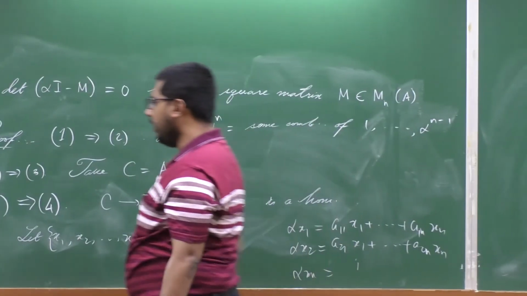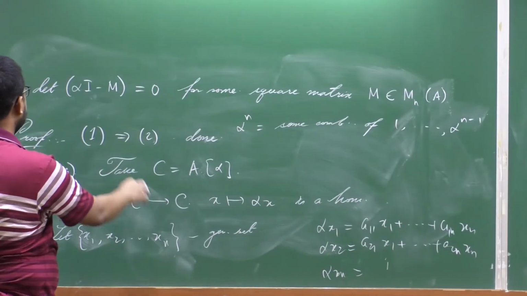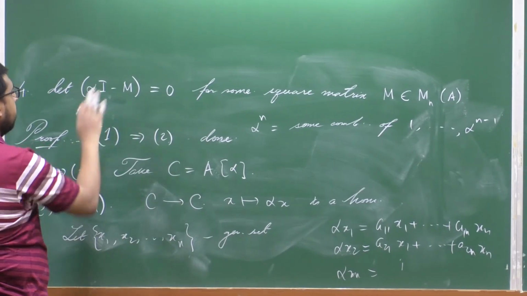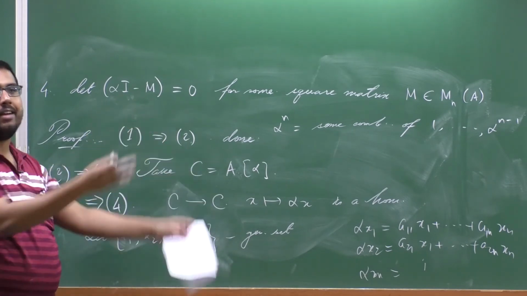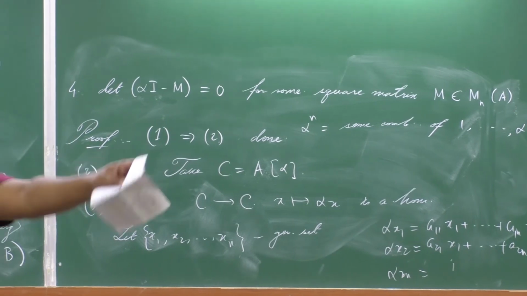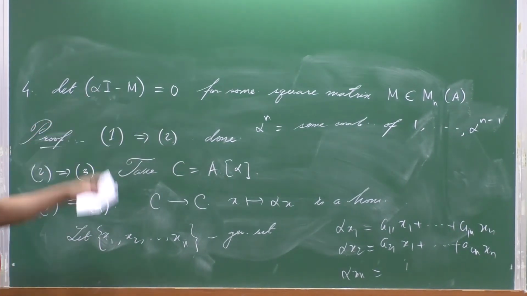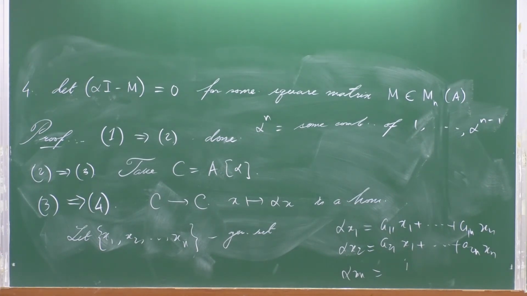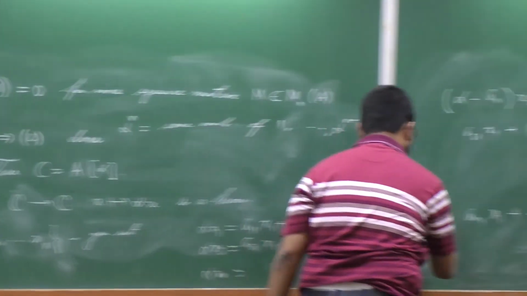So, 3 to 4 is done, and 4 to 1 is actually trivial, because if for some matrix this determinant is 0, then alpha becomes a root of the characteristic polynomial of M. M is a matrix over A. The characteristic polynomial of M, by definition, is a monic polynomial with coefficients over the ring from which M is taking its entries. So, 4 to 1 is even trivial.